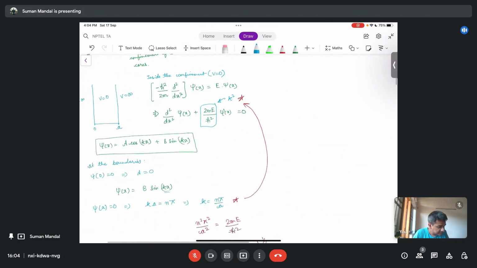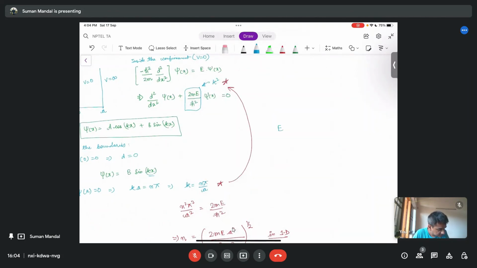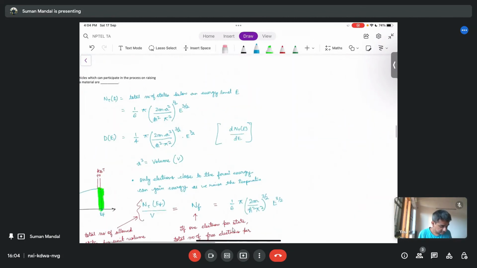So if we write the value of E here, h cross square k square by 2m, which is basically n square pi square h cross square by 2m a square. So we'll write that equation here.